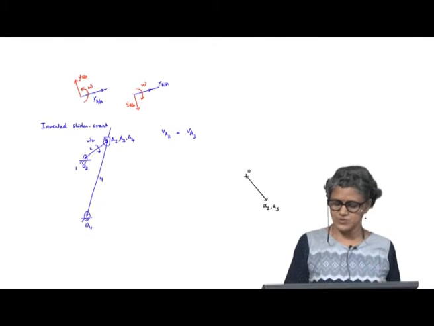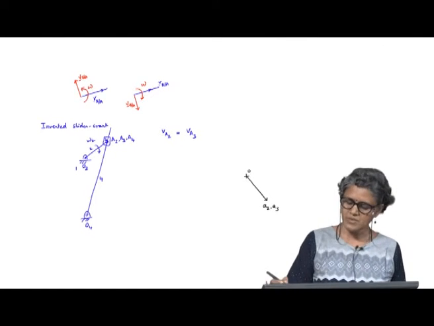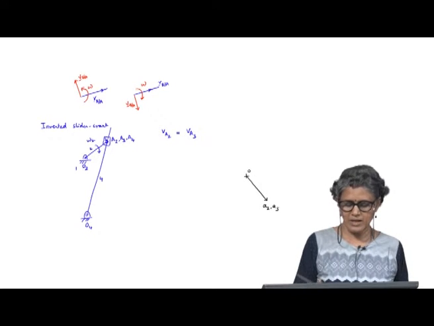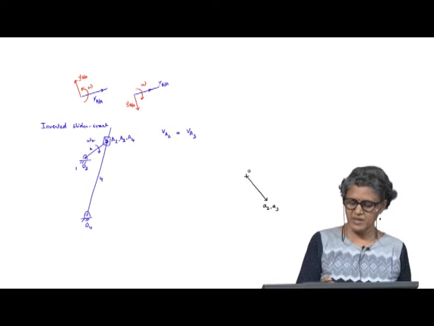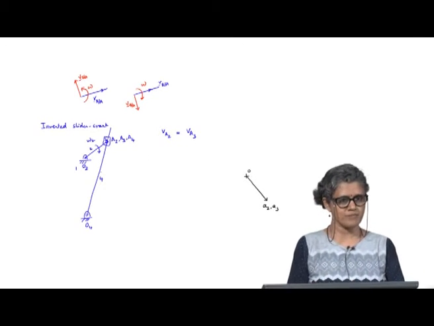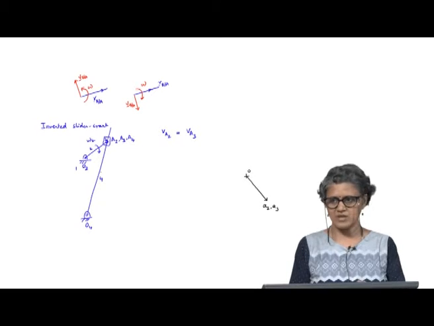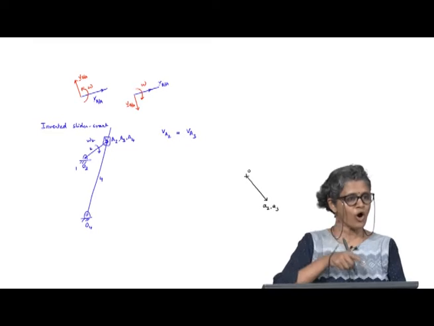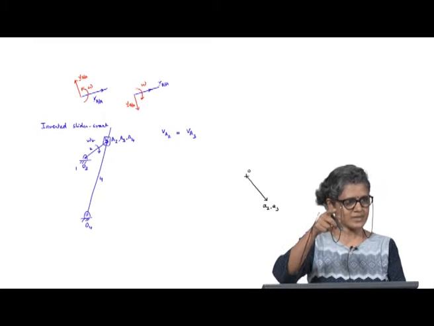Okay, because those two are. Now, if I look at the motion, so I want to relate, if I sit on link 4, this point A3 is going to move along the link.